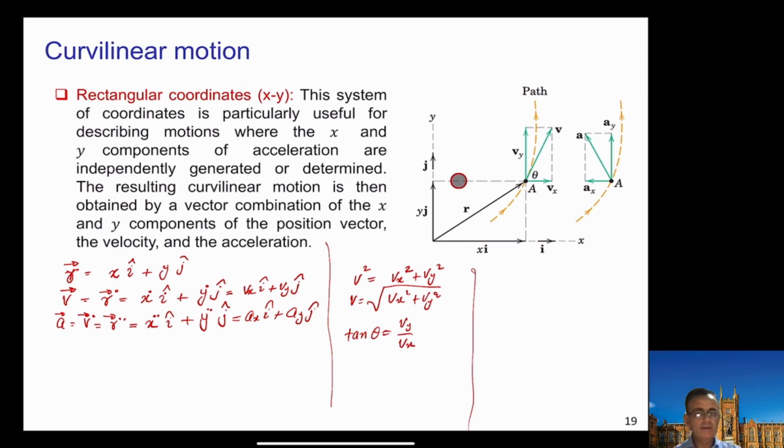And a similar idea can be used for the accelerations. So if you know the components of the acceleration, you can calculate the magnitude of the acceleration, which is a, obtained using the square root of ax squared plus ay squared.